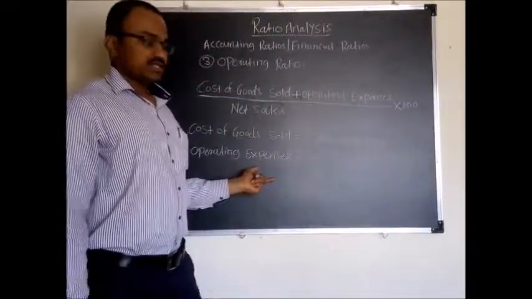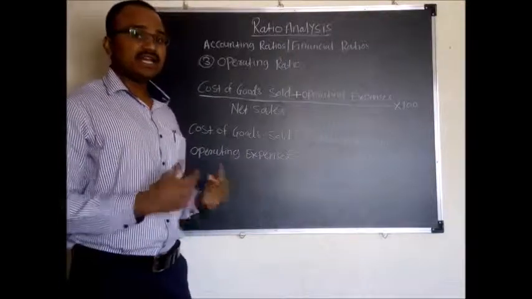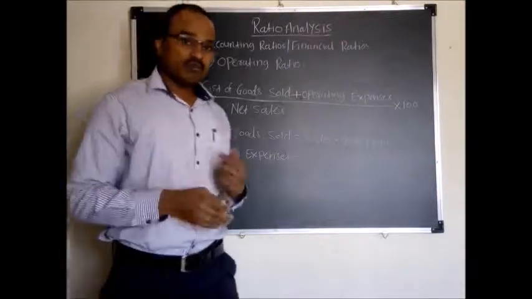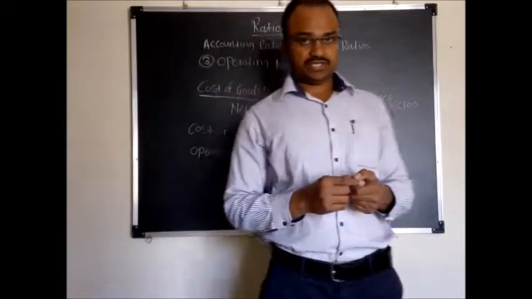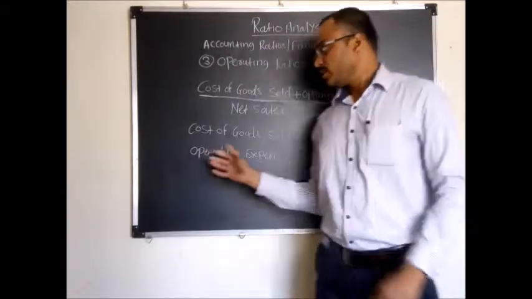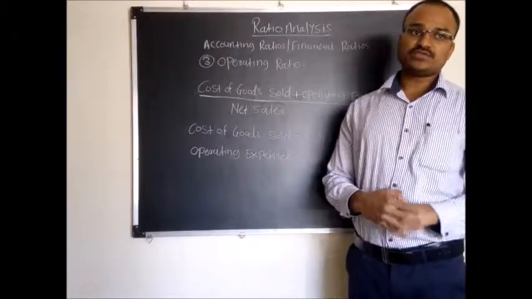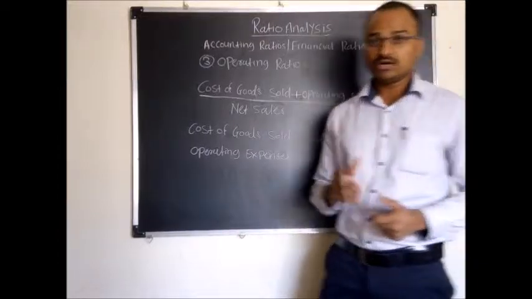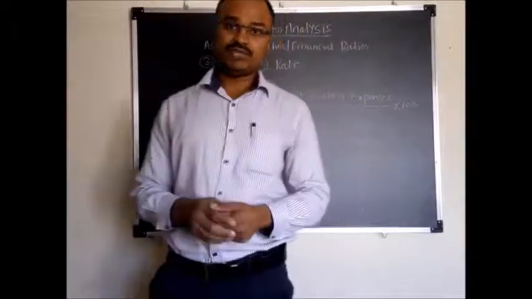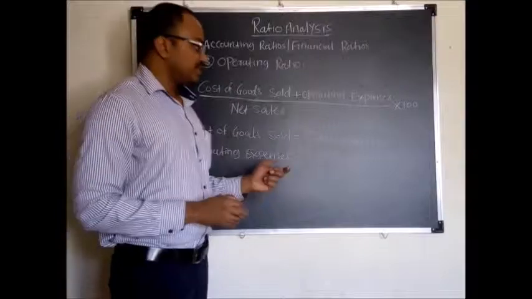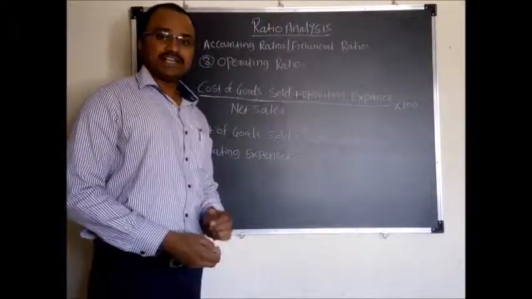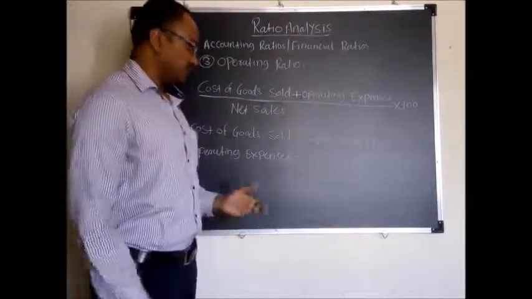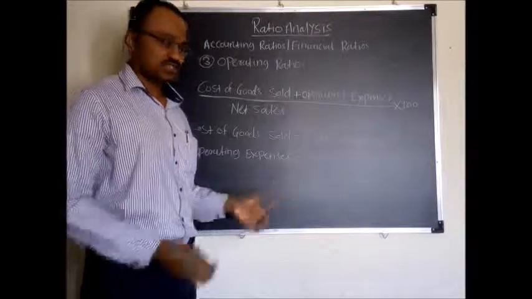Operating expenses are those expenses which are related to the operating activities of the business. If we subtract the non-operating expenses from total expenses, we get the amount of operating expenses.